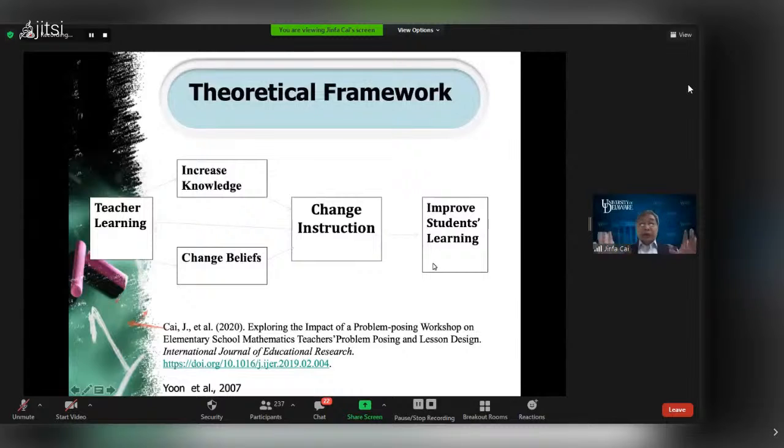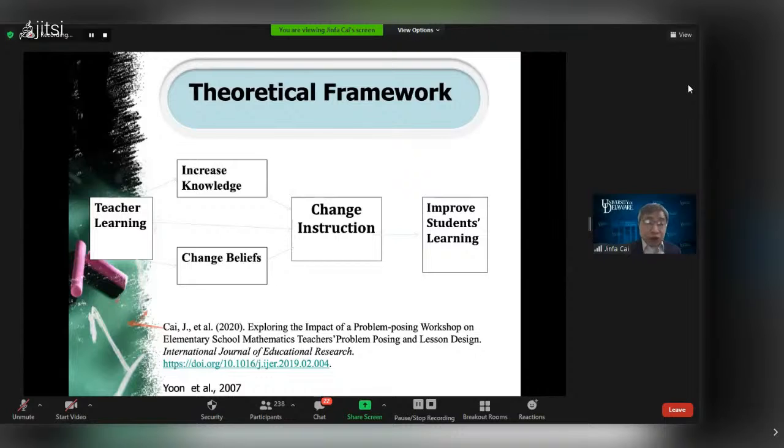Okay, so the theoretical framework. Here is the theoretical framework for this. It's about teachers learning how to teach through problem posing, and to know what problem posing is.